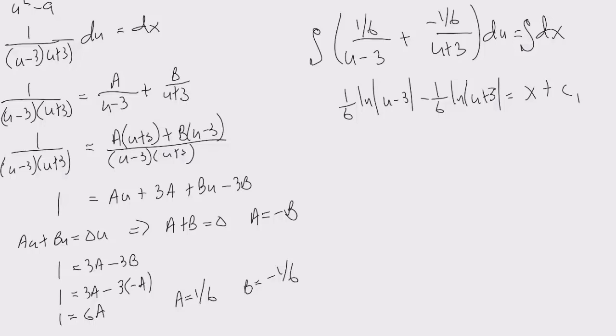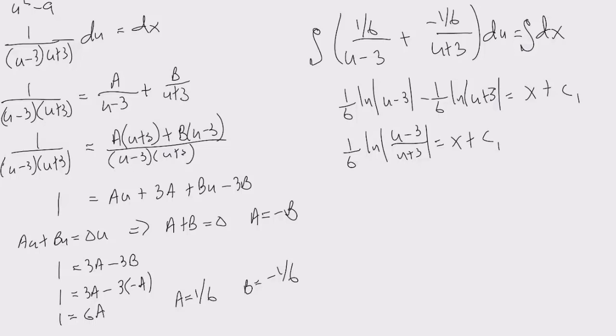Let me factor out the 1/6, and then use my ln rules to get it down to a single expression. So that's going to give me ln of (u minus 3 over u plus 3) equals x plus C1.